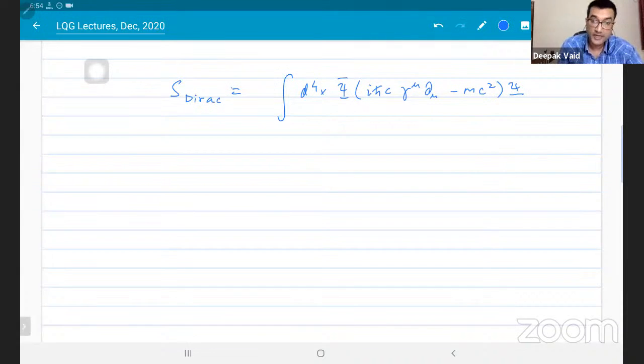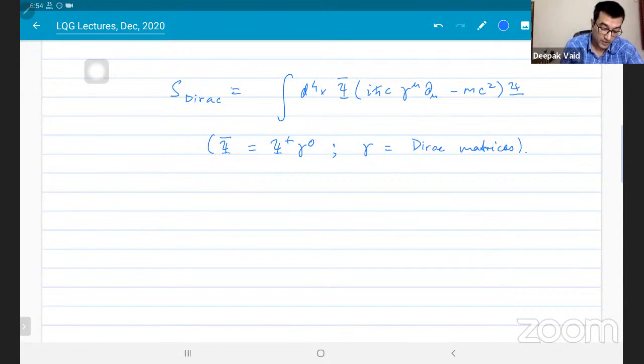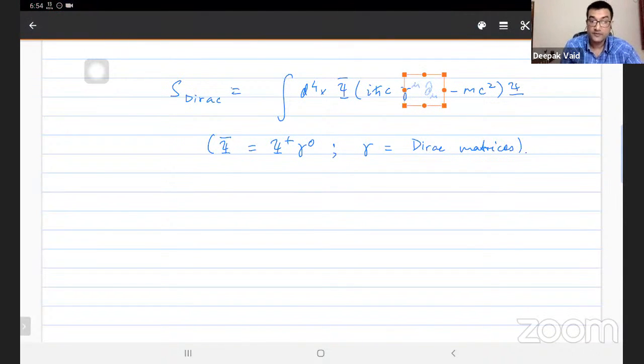So this is what the action for a Dirac field looks like, where psi bar is equal to psi conjugate gamma 0, and gamma are the Dirac matrices. But here what you have is the usual flat space derivative del mu.